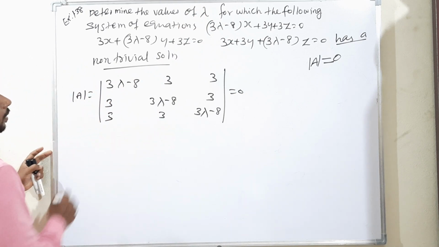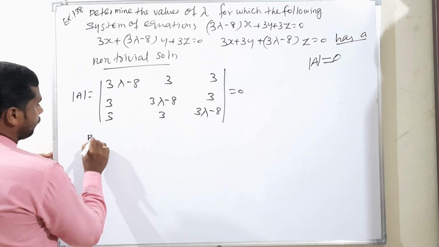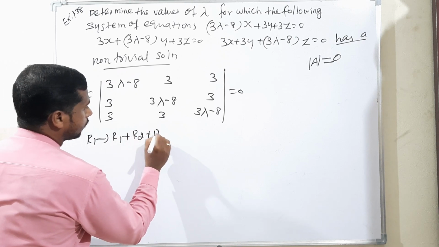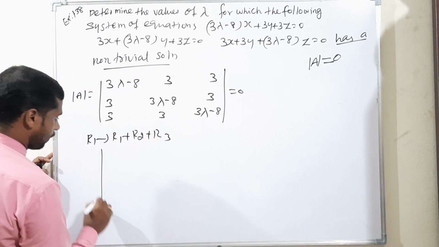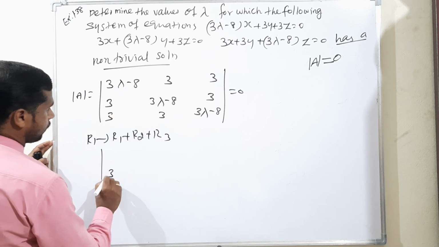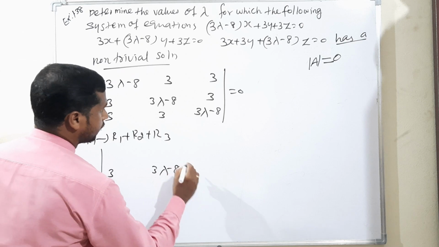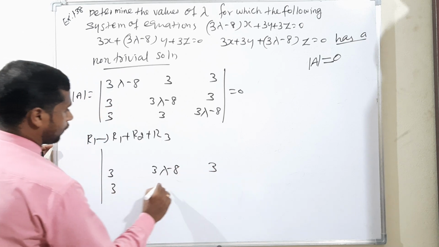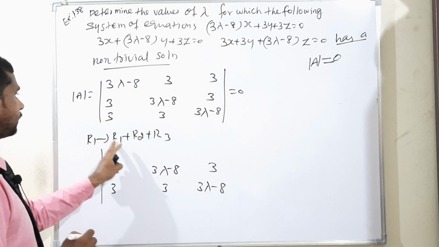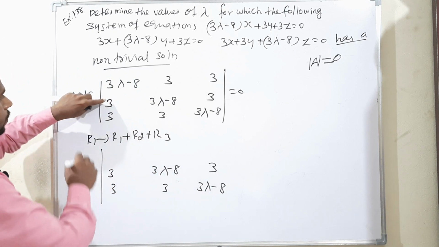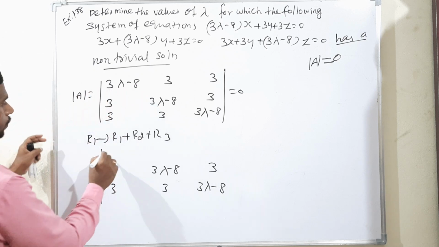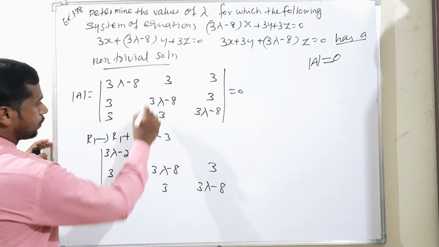Determine the lambda. So first, R1 gives R1 plus R2 plus R3, and R2 and R3 stay as they are. What is R2? 3, 3 lambda minus 8, 3. R1 plus R2 plus R3: 3 plus 3 is 6, 6 minus 8 is minus 2, so we get 3 lambda minus 2 each and every time.